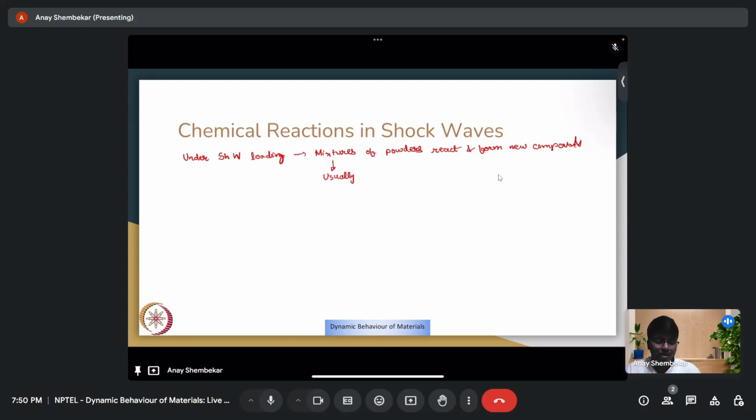So here usually exothermic reactions are preferred, and the reason to use powders is it helps produce higher temperature at the particle interface.